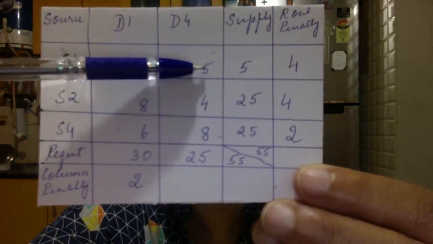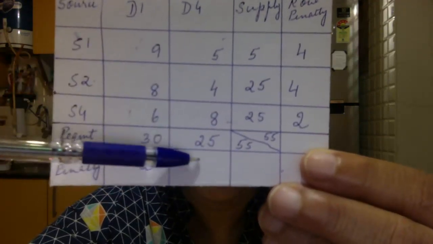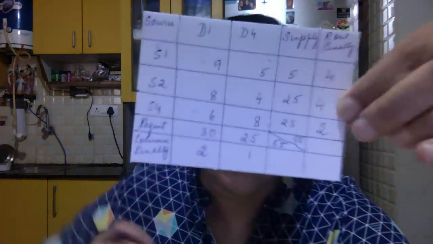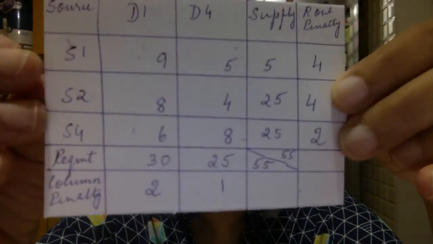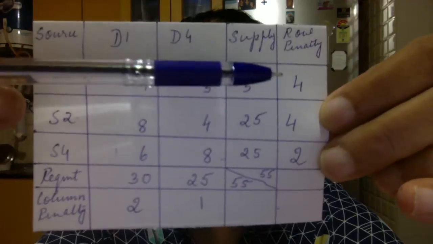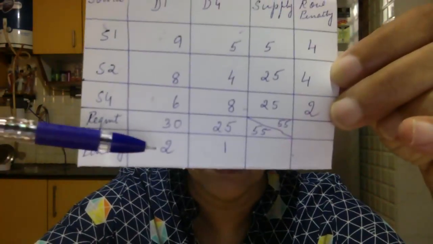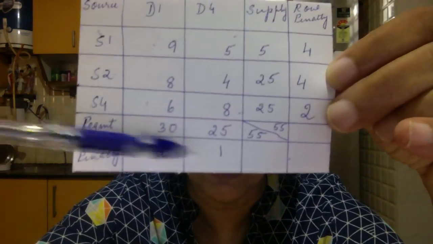Next least is 5. So 4 minus 5, 1. So our problem looks like this now. We have row penalty of 4, 4, 2 and column penalty of 2 and 1.